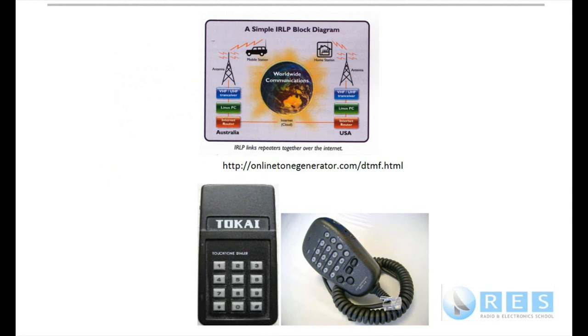CTCSS tones, on the other hand, are subaudible. You cannot hear them. So if there's a need to have a tone on an amateur radio while you're talking, it would make sense then to use a tone that no one can hear because it's below human hearing. The tone is present and it's not going to interfere with anyone.